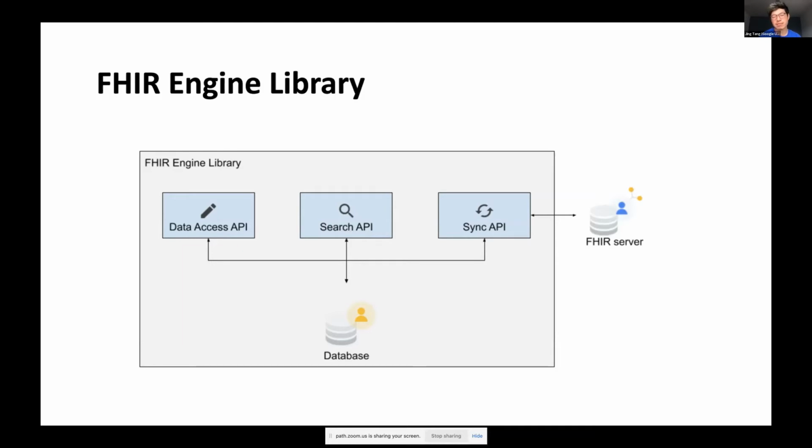And we'll look at some examples later on. It's actually a really interesting set of APIs because we're using Kotlin DSL to build that. And then finally, the sync API is the API that allows you to synchronize your database data on your Android device with the FHIR server.